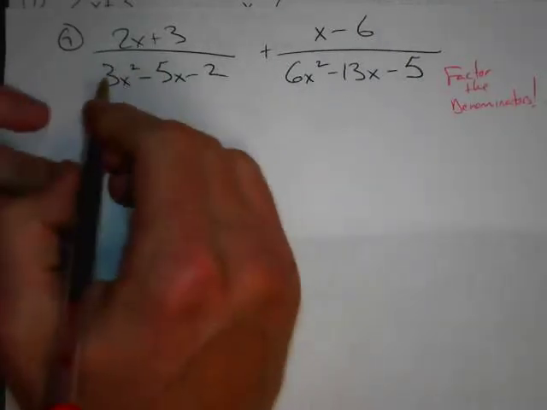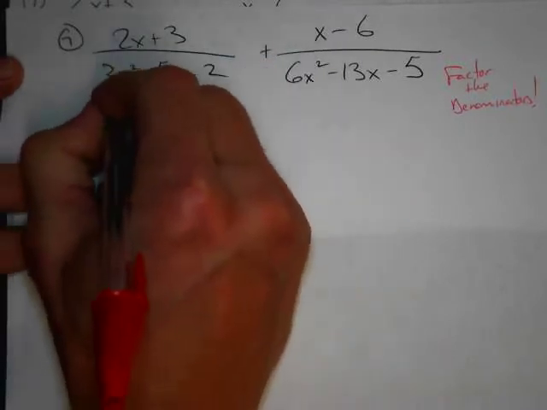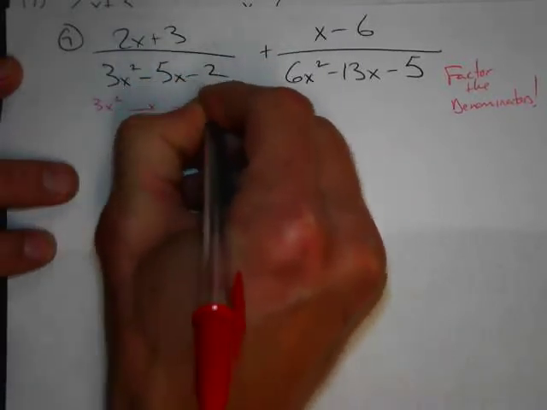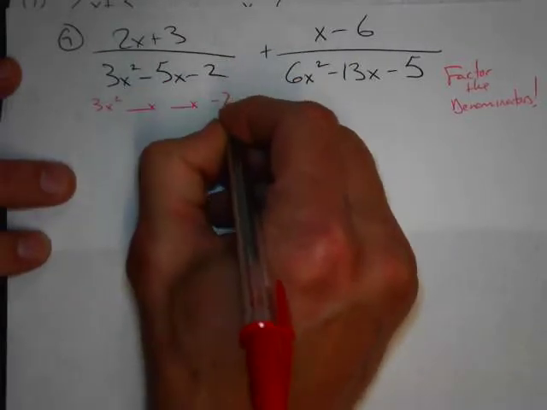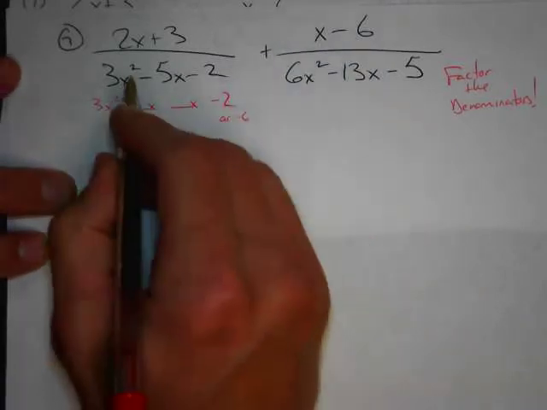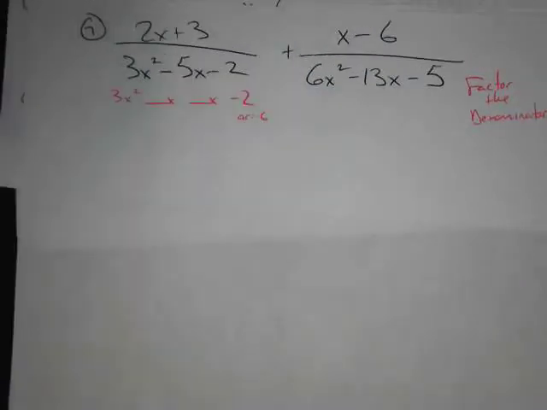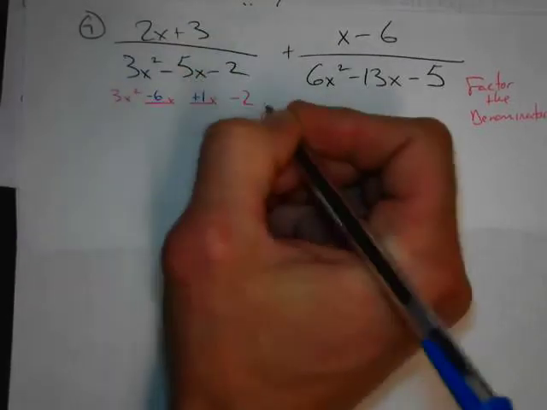Okay, so in this denominator, a times c is negative 6, right? So I have 3x squared, blank x, minus 2. I'm going to factor this by grouping. What two numbers multiply to negative 6 yet add to negative 5? That is going to be negative 6 and positive 1.